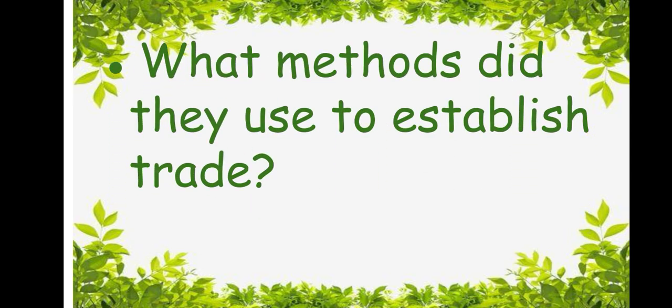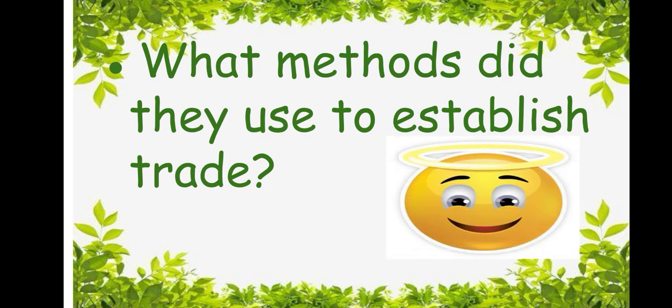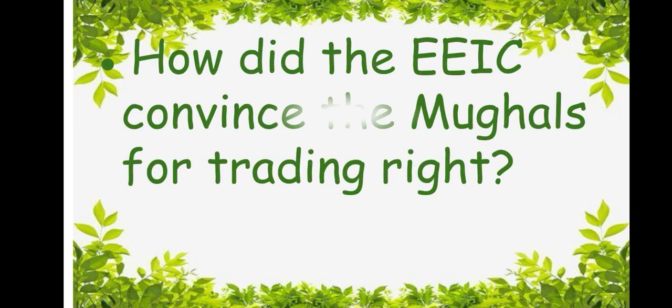Okay, next question. What methods did they use to establish trade? They tried many ways of establishing trade through persuasion, sending envoys or officials to the emperor's court, but also being forceful or assertive, and by demanding trading rights. Now, come to the next question. How did the EEIC convince the Mughals for trading rights?